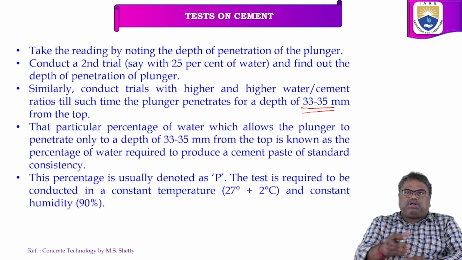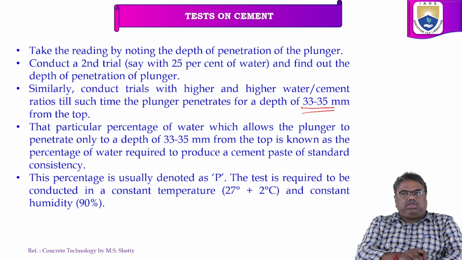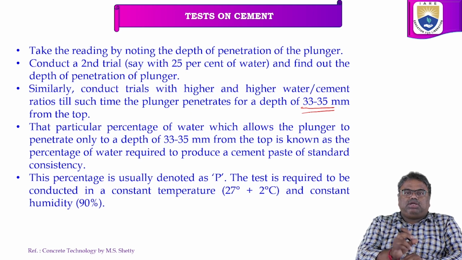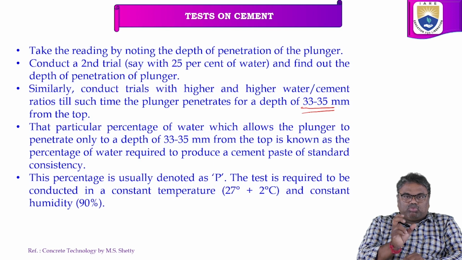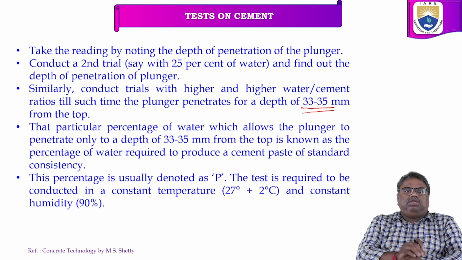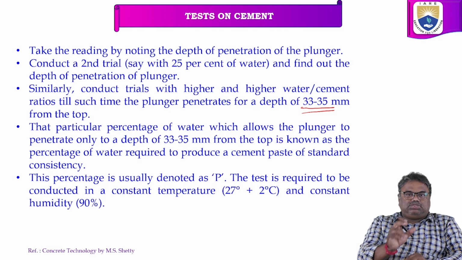Repeat the process until the plunger reaches 33 to 35 mm of penetration. The percentage of water required at that point is called the water required to produce cement paste of standard consistency, denoted as P.